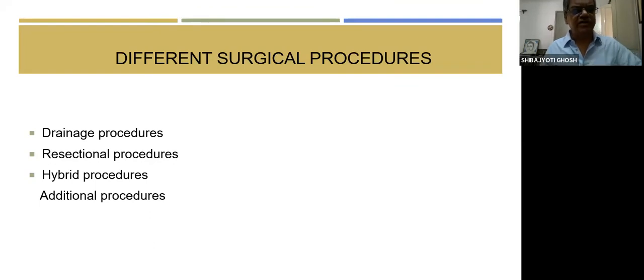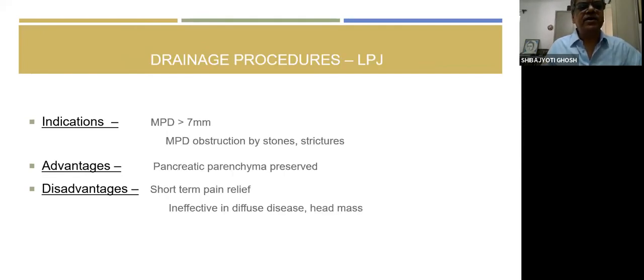So grossly, we can divide the surgical procedures into drainage operations, resectional operations, and a hybrid combination of drainage and resection, and sometimes additional procedures may be required. Usually for a drainage operation, it is said that the main pancreatic duct should be dilated more than 7 millimeter.